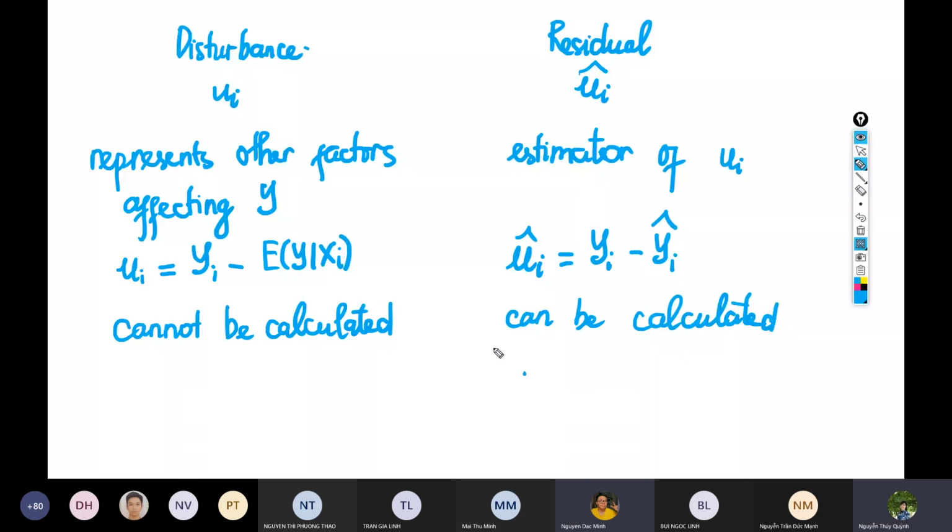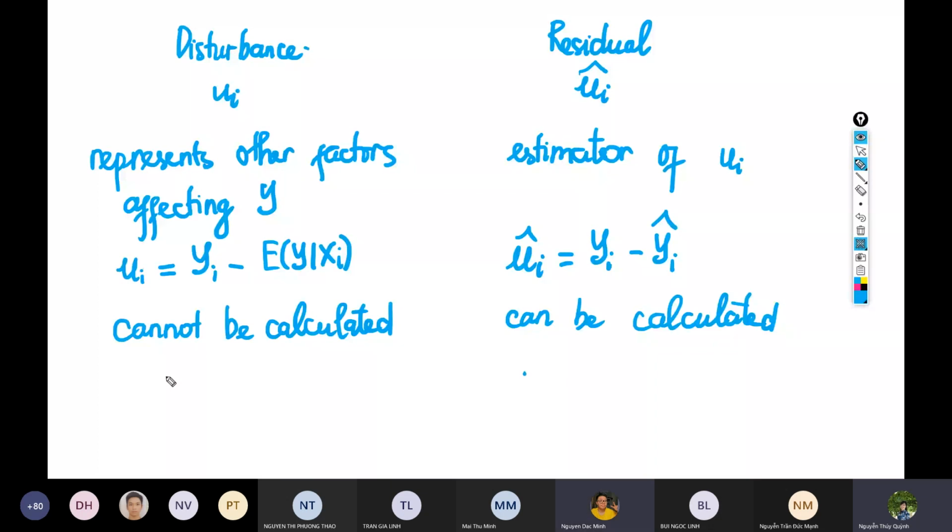In my notebook, it writes something along the line of the sum of residuals. The sum of what? The sum of residuals is 0, and the sum of disturbance is not.